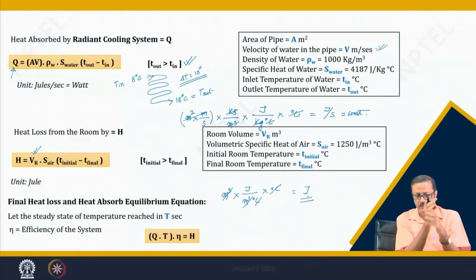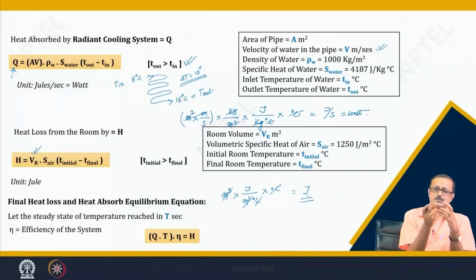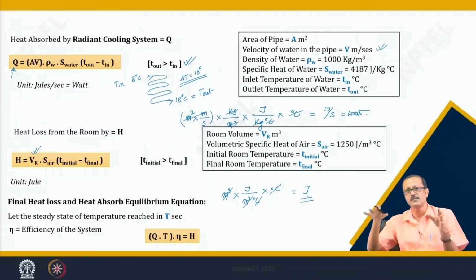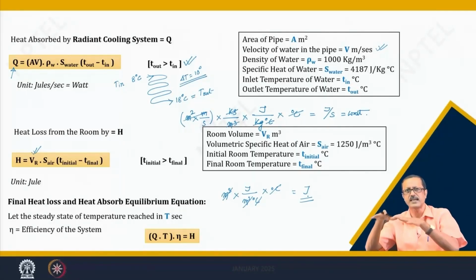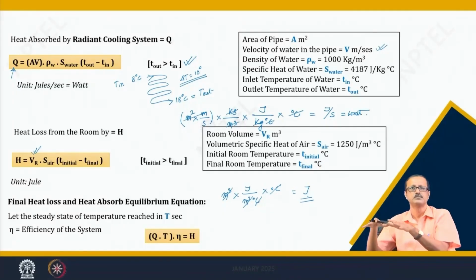Now, you see there will be an equilibrium condition. Somebody is passing through and taking out heat, and somebody is losing the heat. After a certain time there will be a steady state. Initially there will be a very high amount of energy loss, and then gradually it will reduce, and a time will come which I call the steady state time, reached after t seconds, such that the total loss equals the total gain.